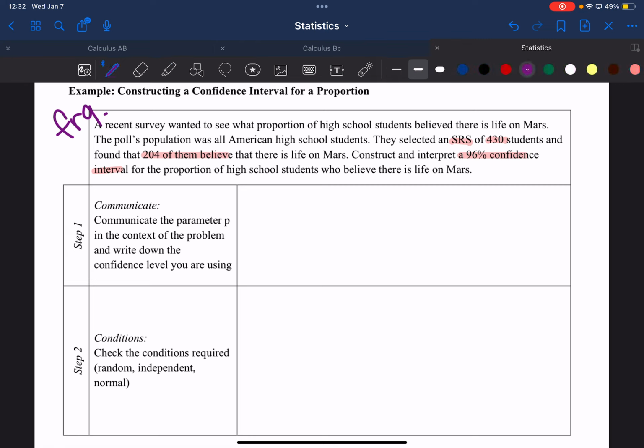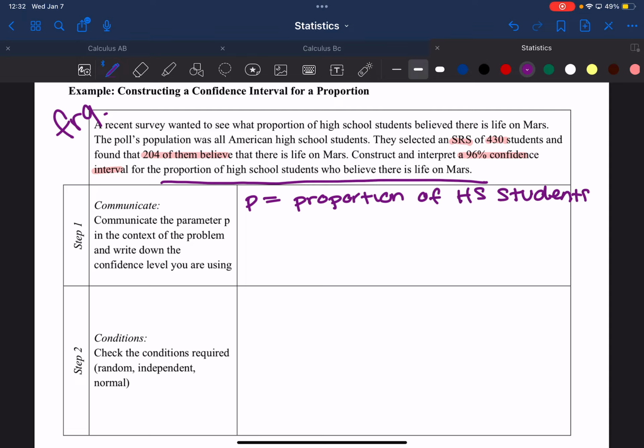So the first step is to communicate the parameter P in context of the problem. So we would say P is the proportion, and usually it's in the problem word for word. So proportion of high school students who believe that there is life on Mars.